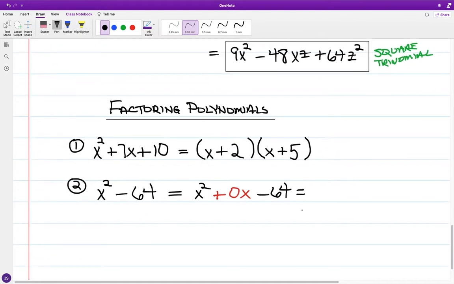And in terms of what we have with x squared, once again, we can still factor to x and x. And factors of negative 64 whose sum or difference will be 0. You're just going to have the same weight for the addition and the subtraction. So this will become x plus 8 and x minus 8.